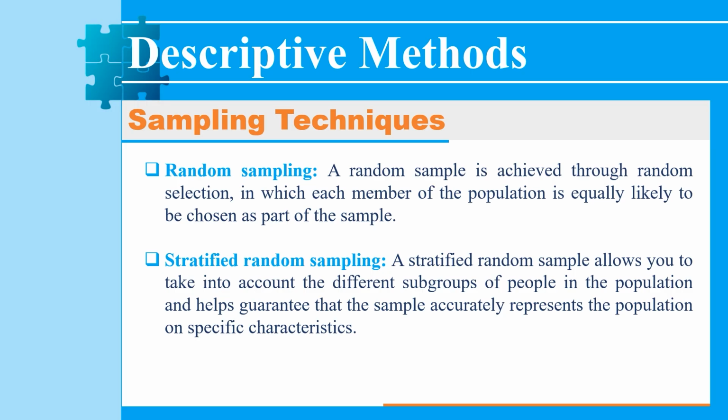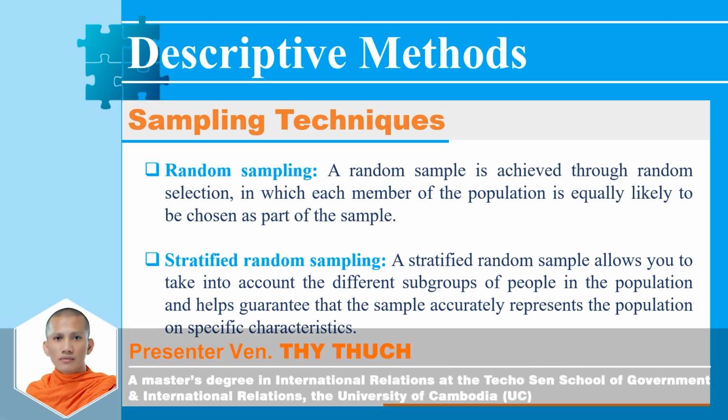For those who don't know about subgroups or strata, they are likely interchangeable terms that refer to non-overlapping groups within the population, divided based on shared characteristics like age, gender, or location.